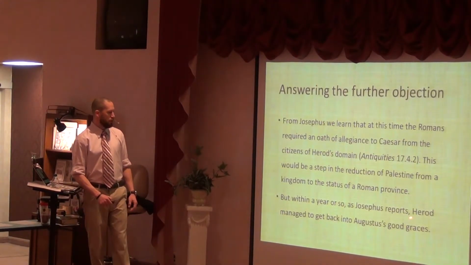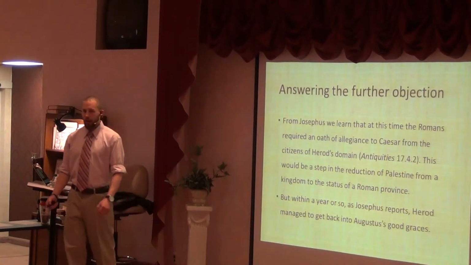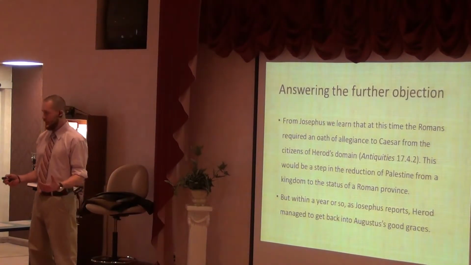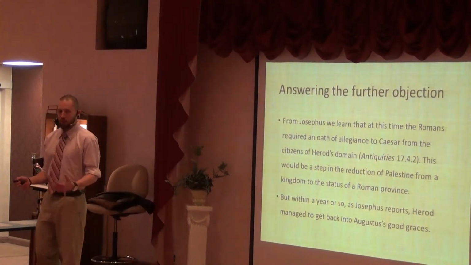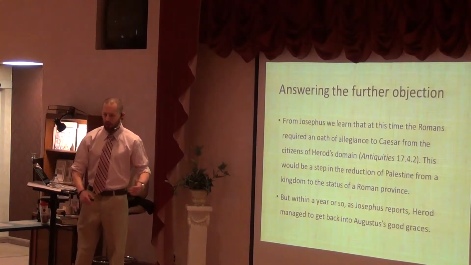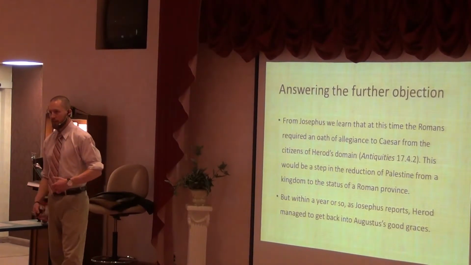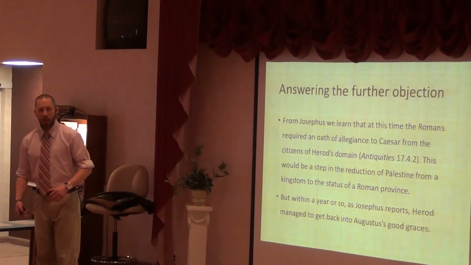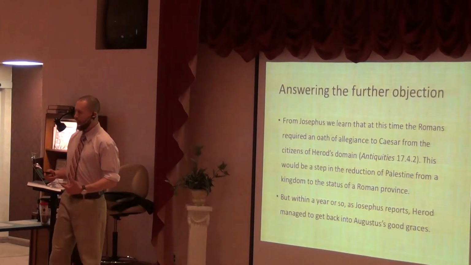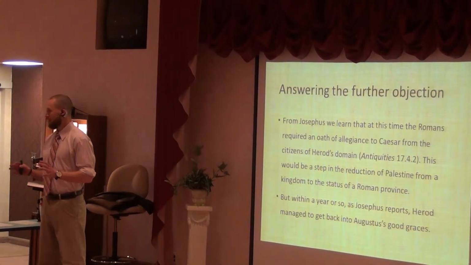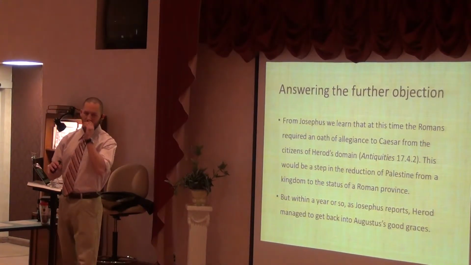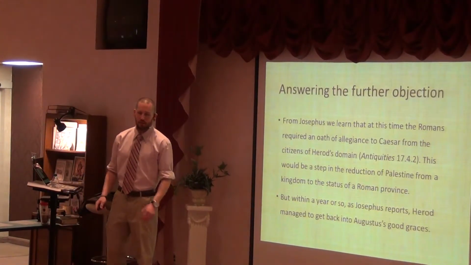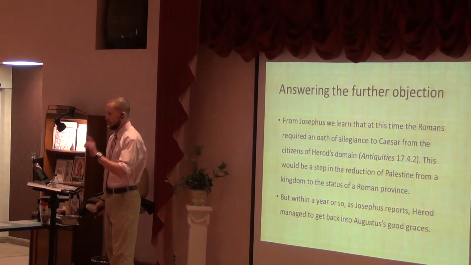But within a year or so, Josephus reported that Herod... Now look, Herod was a very cunning guy. He wasn't stupid. He hadn't been in politics his whole life without being cunning. So what Herod did was he sent some delegations, and Augustus rejected them. He sent some more presents and delegations, and Augustus rejected them. But then he kept pressing, and finally Herod sent just one guy who was very smart and very wise and witty, and he was able to get an audience with Caesar, and Caesar goes, all right, look, I just want to know, is this what happened?